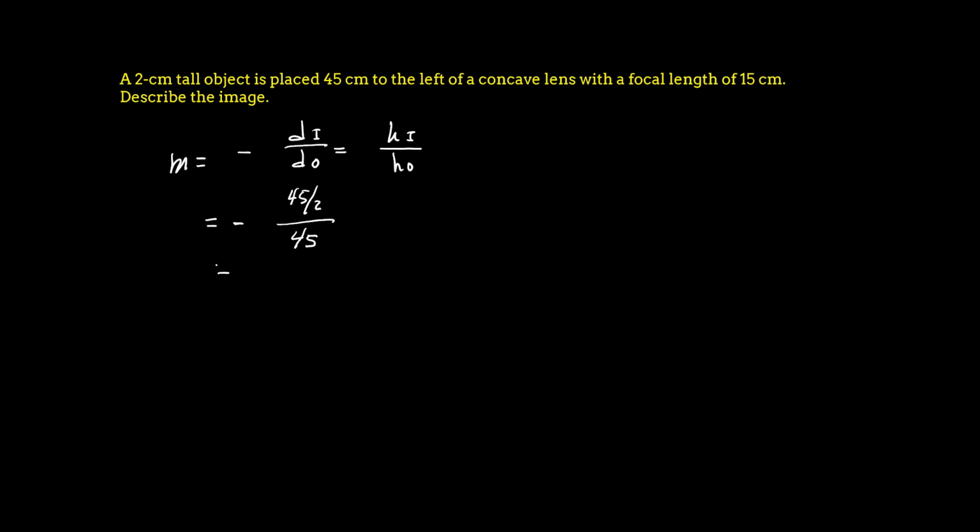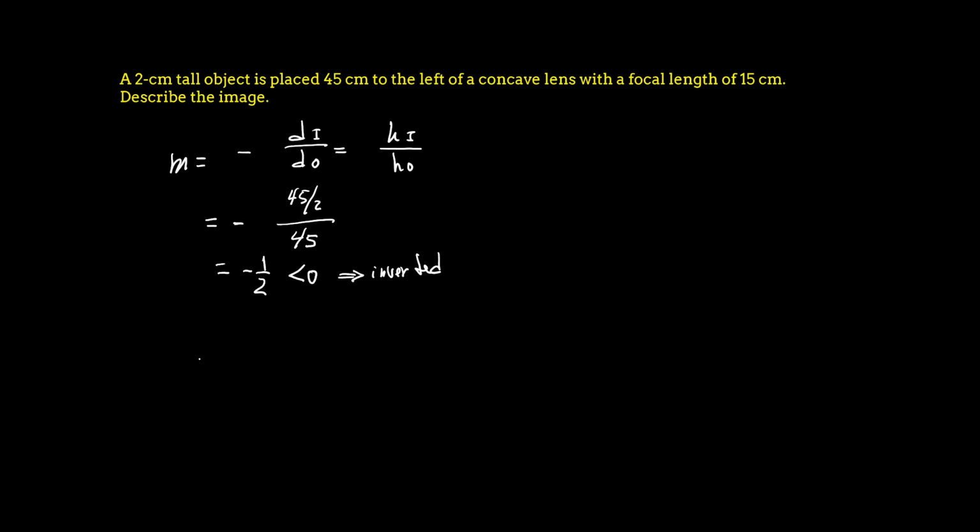And that will give me, 45's cancel out, gives me -1/2. So I have a magnification of, again, 1/2. Basically, I reduce the size by a factor of 2, but the negative tells me it's inverted. So less than 0 means inverted.